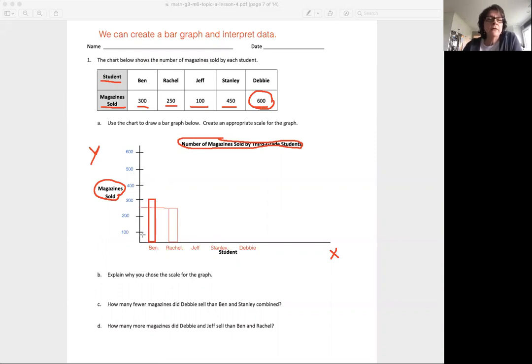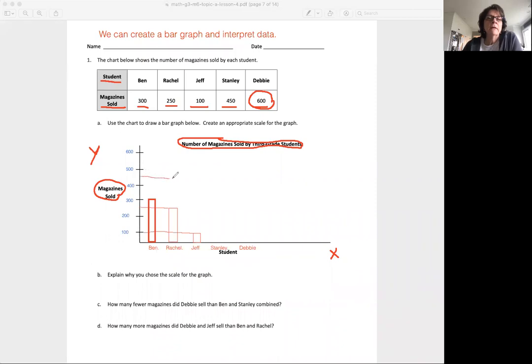Jeff sold 100, so that's pretty easy. I can trace my number line over from 100, so it's going to be right about here. So I'm going to make my bar for him, go up to 100. Stanley sold 450. Again, I'm going to use my scale, and it's not 400, it's not 500, it's going to be halfway between.